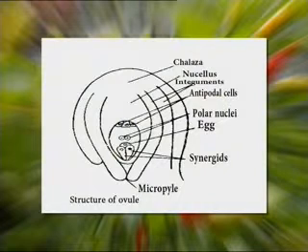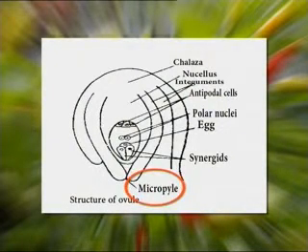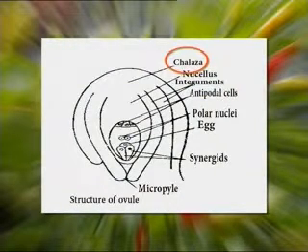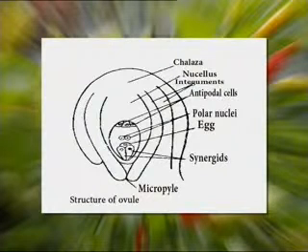The opening in the integumentary sheath where tip of the nucellus is exposed is the micropyle. The basal part of the ovule where nucellus, integuments and funicle merge is called chalaza. In the nucellus is present female gametophyte, also called embryo sac.